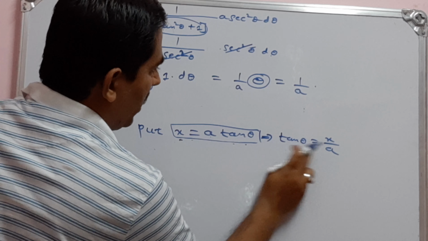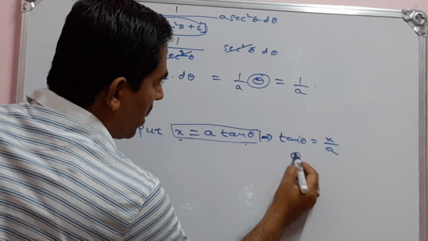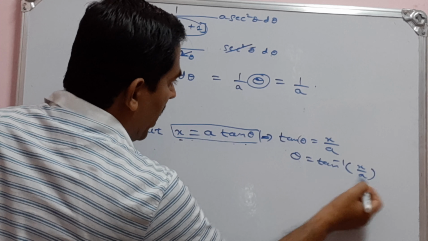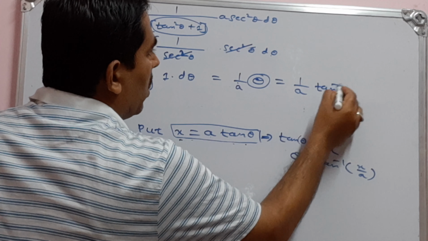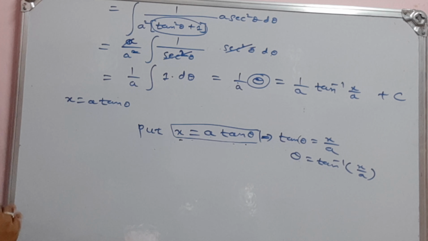Observe this, if I solve for tan theta, that is x by a, so taking tan to the right hand side, theta is equal to tan inverse x by a. So 1 by a theta, so theta means tan inverse x by a plus constant of integration.